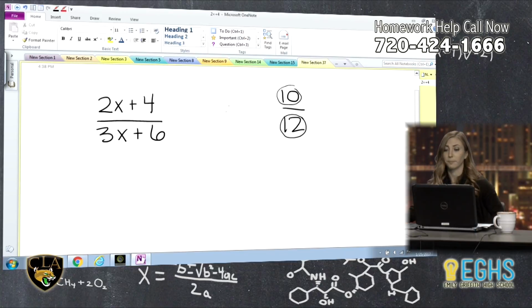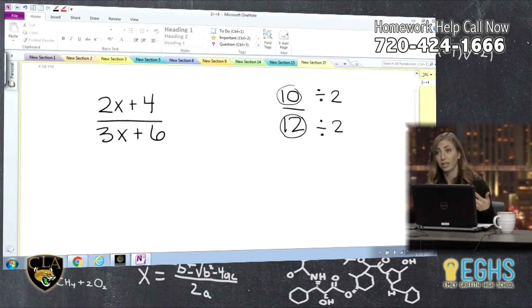Typically it's taught by finding the greatest common factor, something that both numbers, numerator and denominator, can be divided by. For example, 10 and 12 can both be divided by 2, and that would give us 5/6.